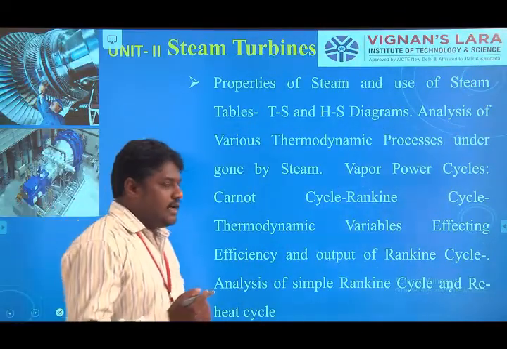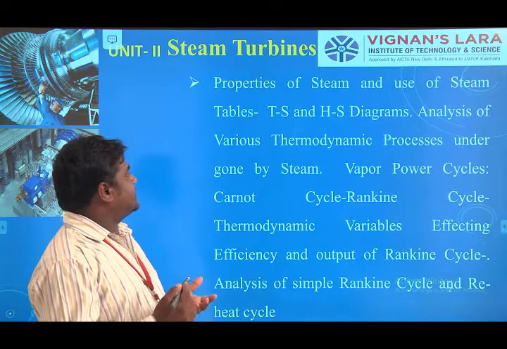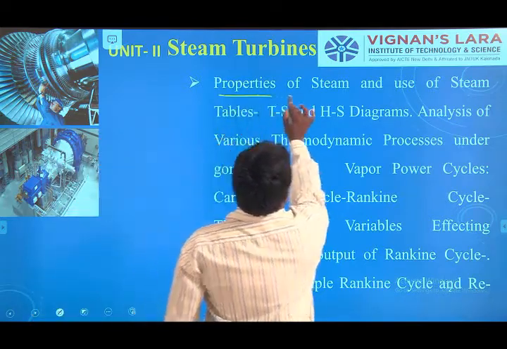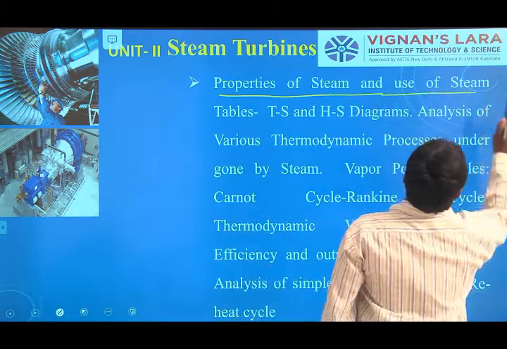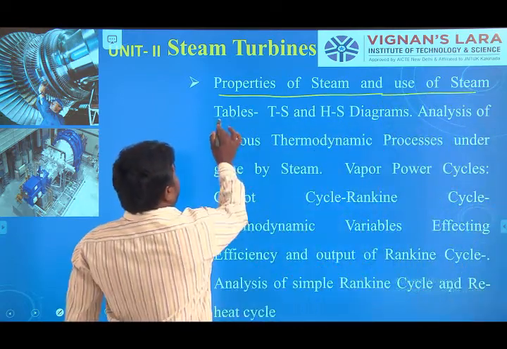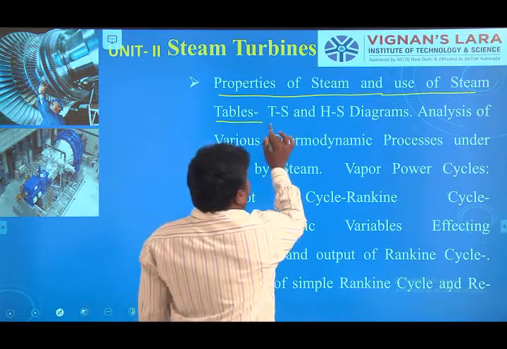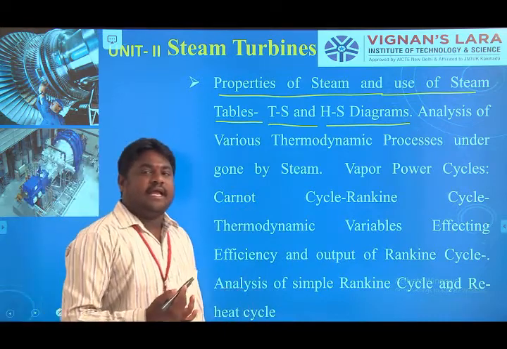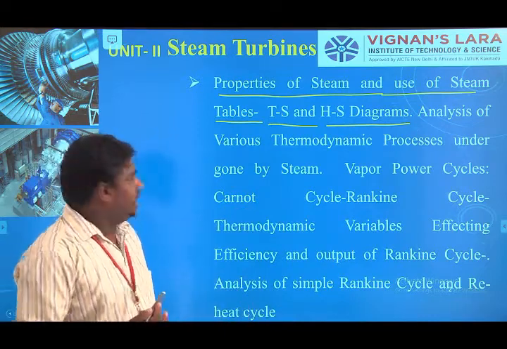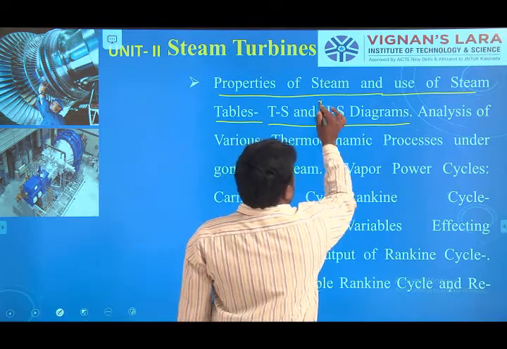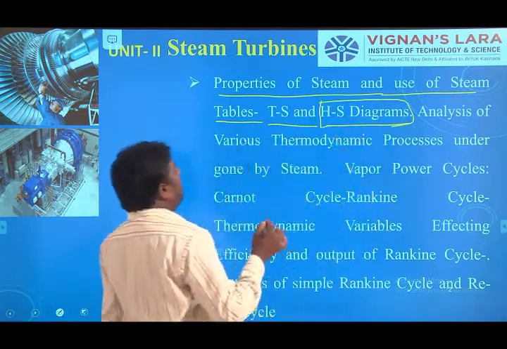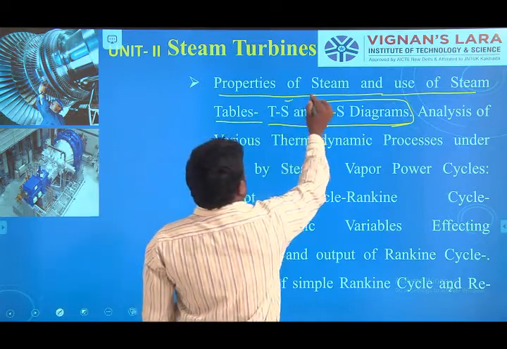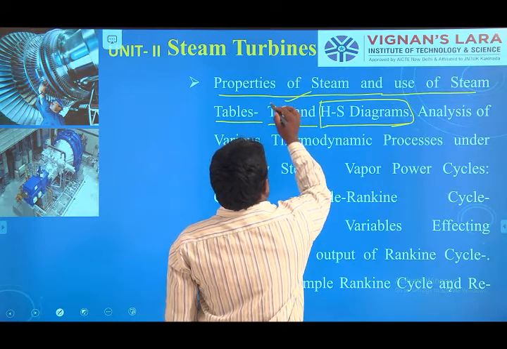In the previous class, we discussed the properties of steam and uses of steam tables, that is TS and HS diagrams. TS means temperature and entropy, and the HS diagram is enthalpy and entropy values.